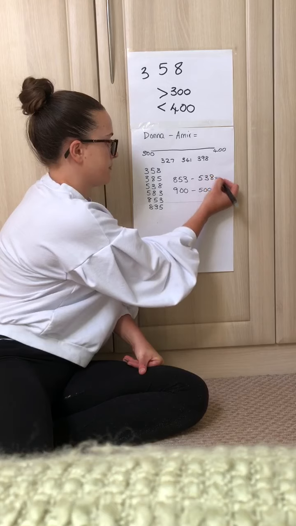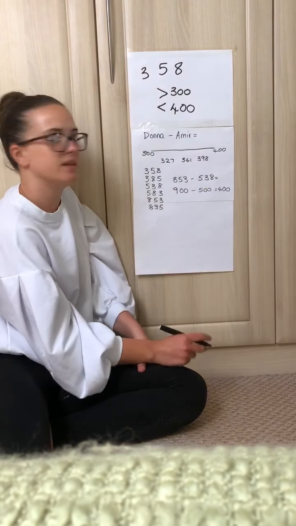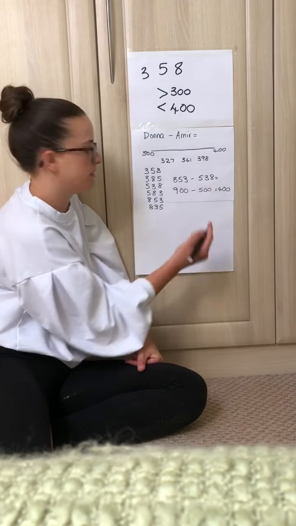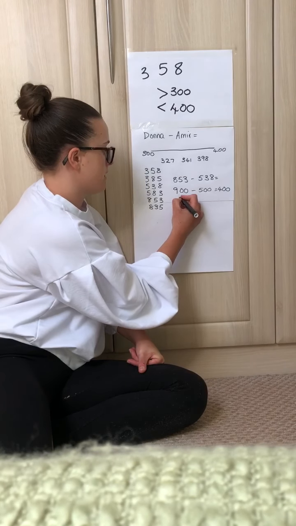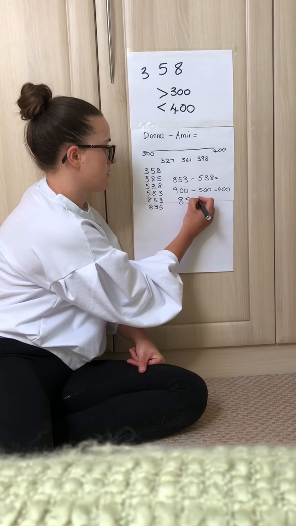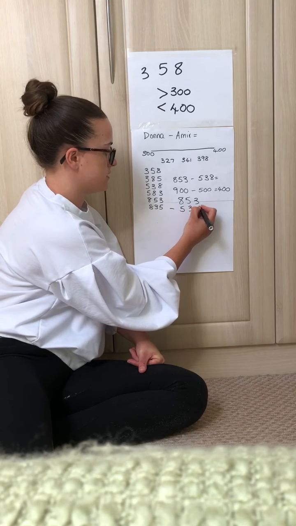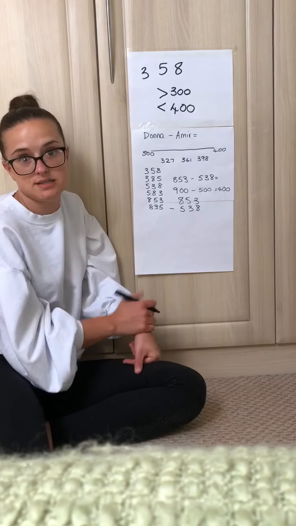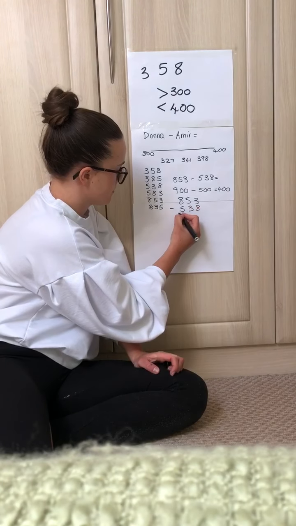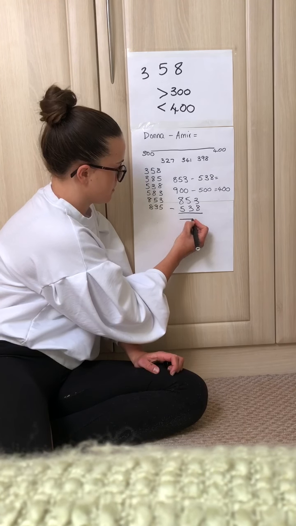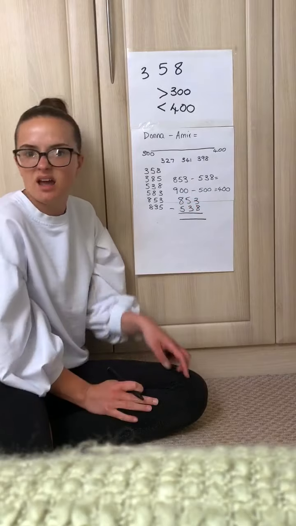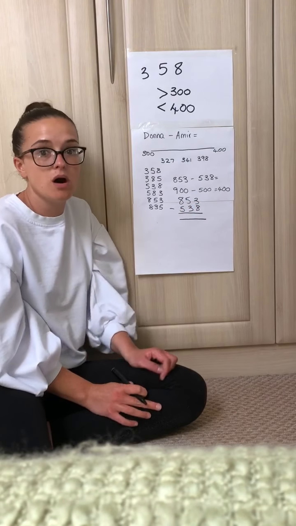So let's see. I'm going to use a column method to help me work this one out, because I know there's exchanging in the calculation. So 853 subtract 538, and I'm going to make sure my digits are lined up accurately. 3 subtract 8, I know I can't do because 3 is a smaller number.